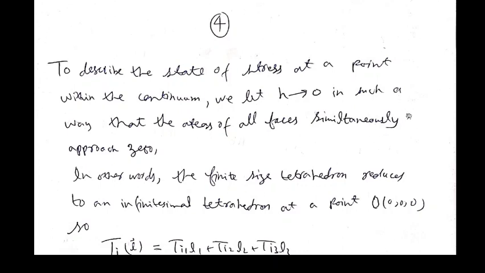Now, to describe the state of stress at a point within a continuum, in the start we have taken an element of the continuum in the form of a tetrahedron. We want to describe the state of stress at a point within the continuum. So how can we obtain that point? By simply taking the limit h approaches 0. If the length of the tetrahedron approaches 0, then we have a point within the continuum.